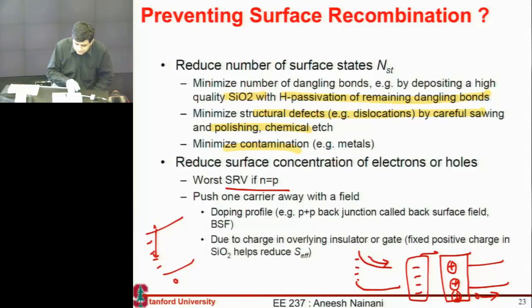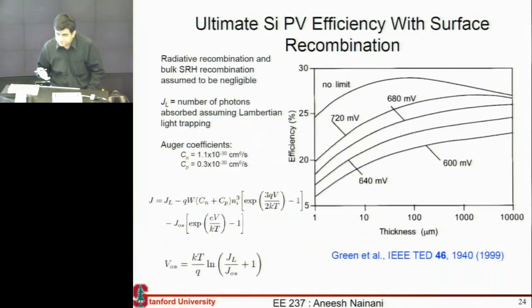Okay, so now you know all kinds of bad things which can go on in your cell. You could have Shockley-Read-Hall recombination due to traps. You could have Auger recombination, especially if you're operating at high concentration. You can have surface recombination. So it has been analyzed what would happen if you had no recombination.